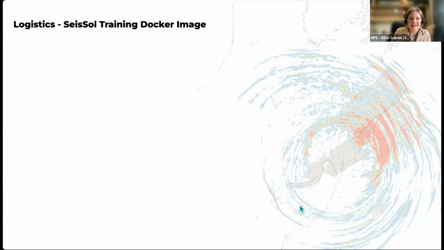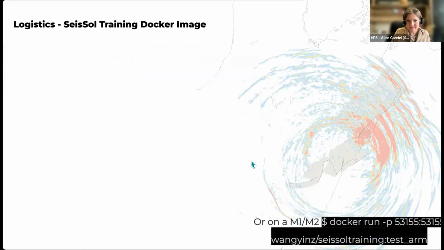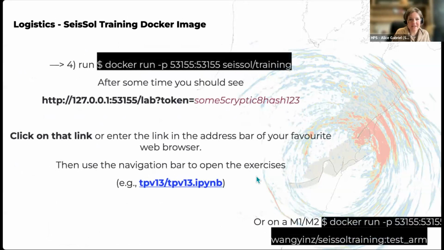Okay, and then lastly, if you have pulled the image, you can run this command. That's not in the Slack channel. So docker run -p 53155:53155 SeisSol training. Or if you want to try the ARM support, instead of SeisSol training, you put in this line.